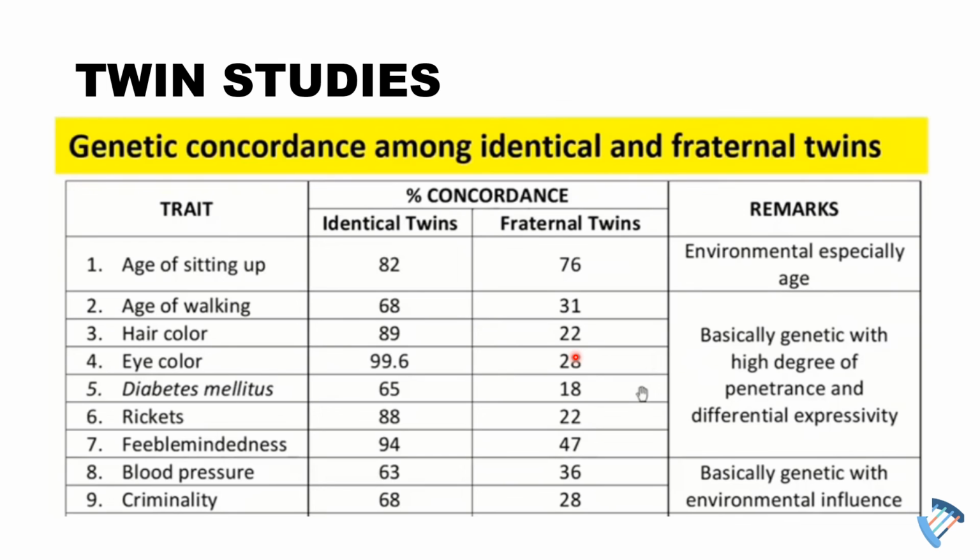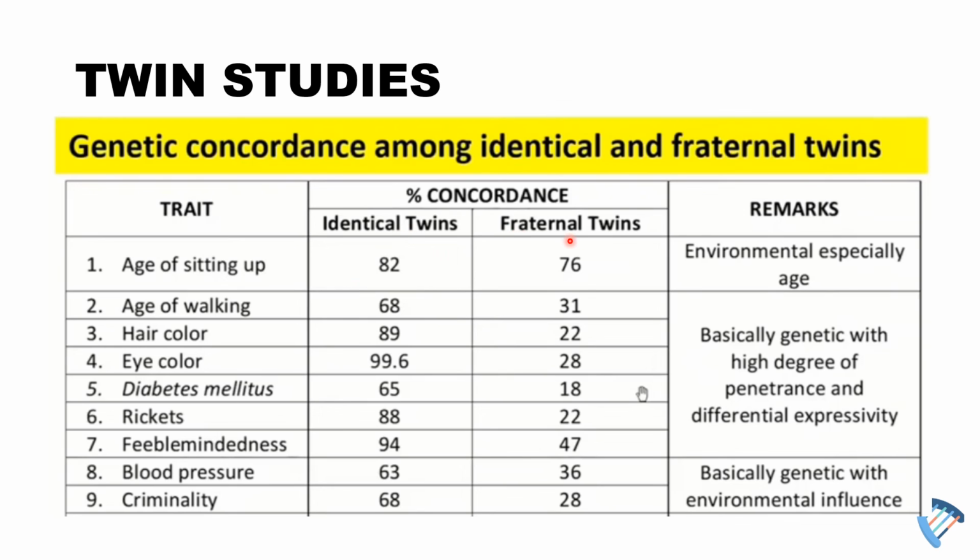Merong influence yung gene at mababa lang yung influence ng environment. Pero pag yung concordance nila parehong mataas, then meaning merong influence yung environment. So meaning, yung age of sitting up, yung nakaka-influence doon is yung environment ng identical twins and fraternal twins.